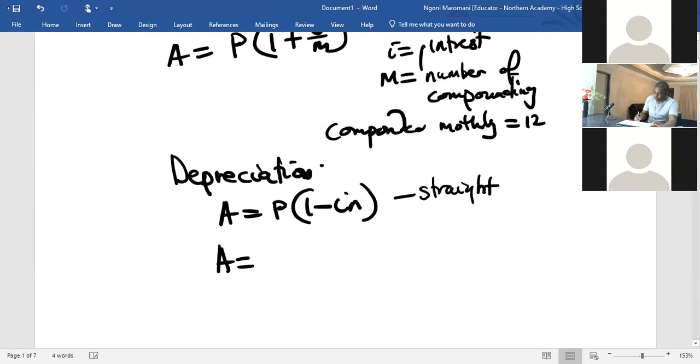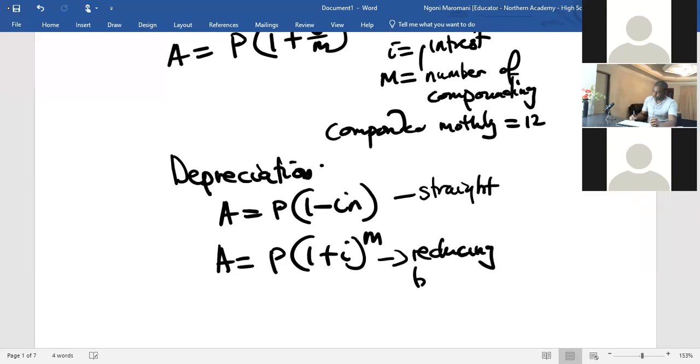Then also A equals P into 1 plus i to the, do you still remember this one? And this one we call the reducing balance depreciation. Are we all there, guys? Yes, sir. Okay, it's all right.